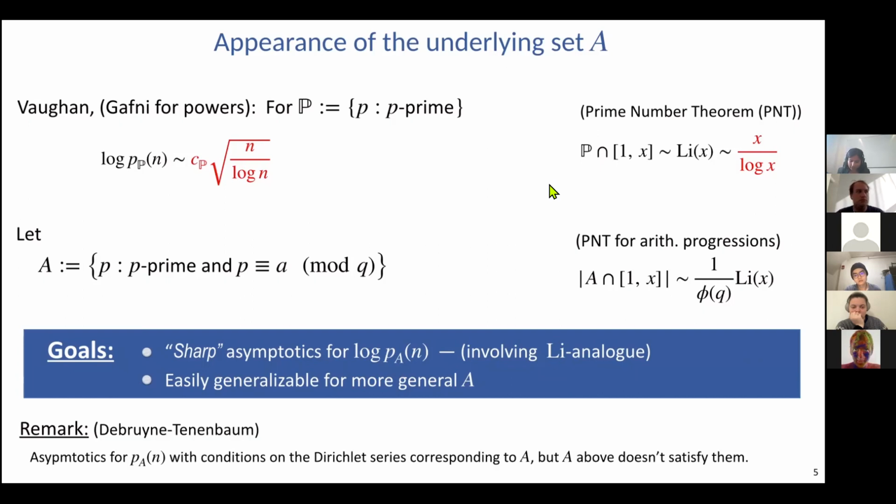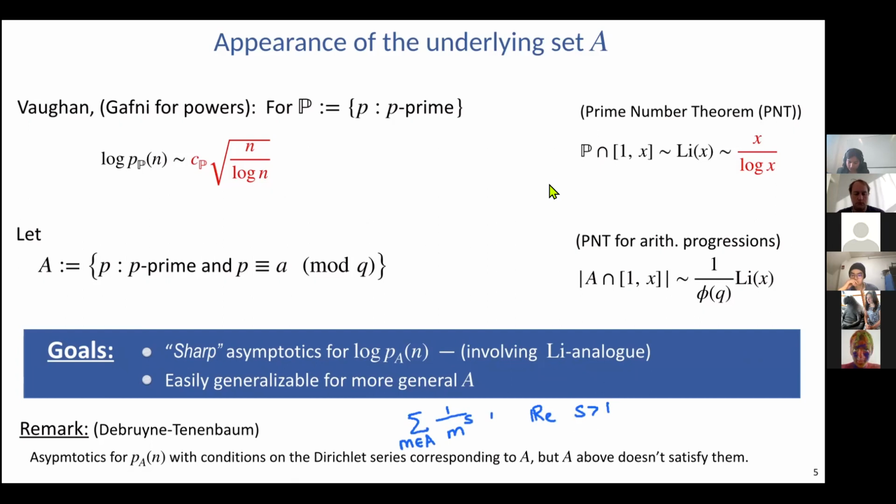Very recently, Debruyne and Tenenbaum have written a paper on asymptotics for these general partitions, and they do this where they have a condition on the Dirichlet series. By Dirichlet series, I just mean the Dirichlet series corresponding to the set A, the sum of m to the power minus s, where m belongs to your set A. And of course, you assume that the real part of s is larger than 1. s is a complex number here.